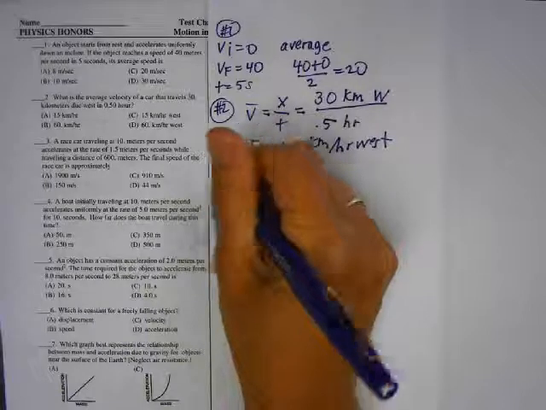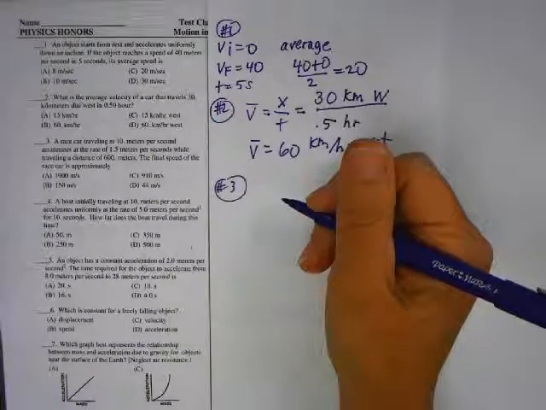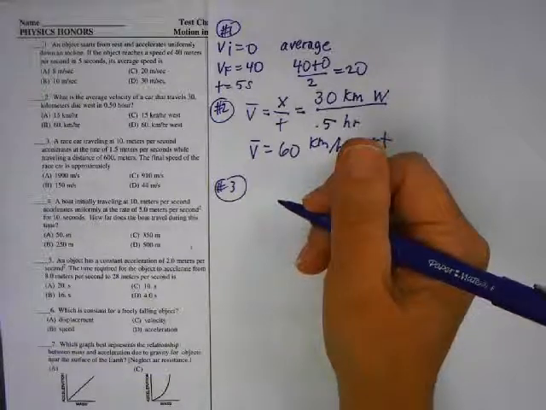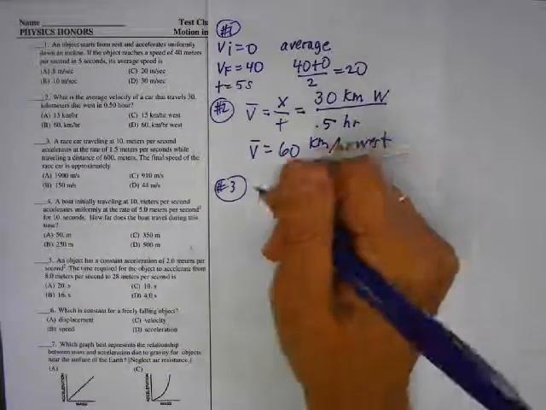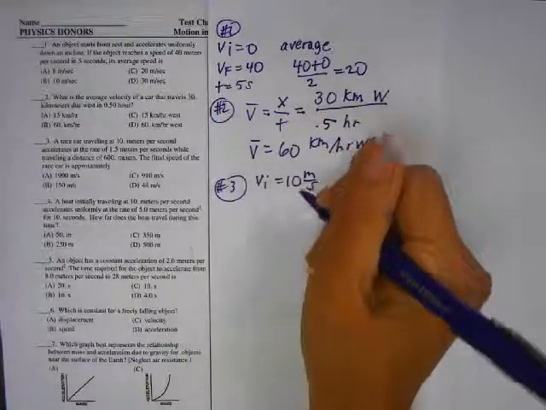Number 3, a race car traveling at 10 meters per second accelerates at a rate of 1.5 meters per second squared while traveling a distance of 600 meters. The final speed. So remember, you want to chunk this. So first it says that VI is equal to 10 meters per second.